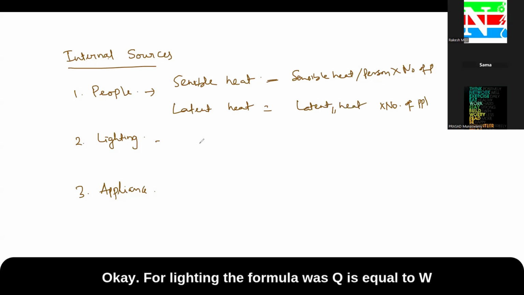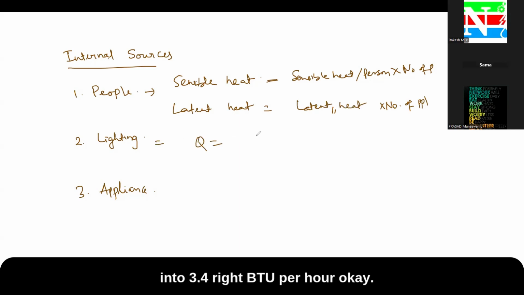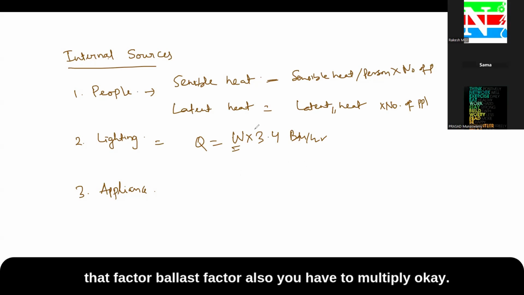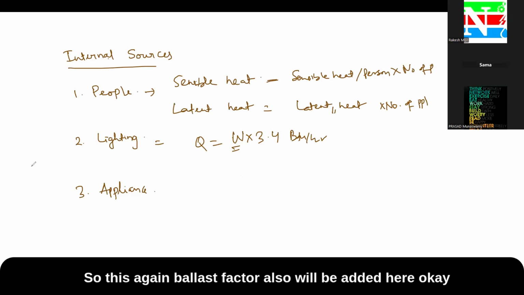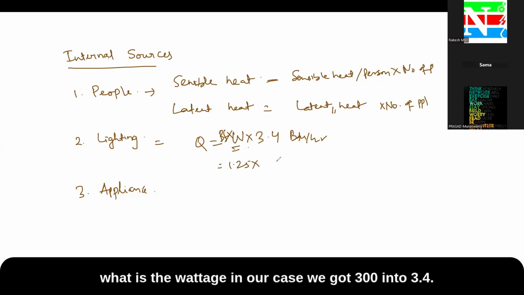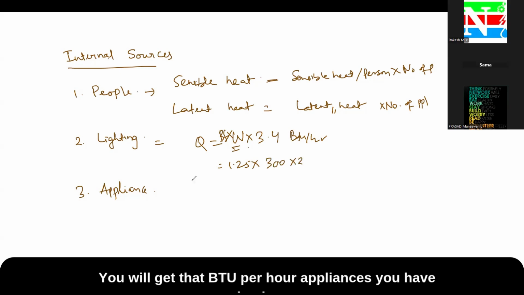For lighting, the formula was Q is equal to W into 3.4, BTU per hour. So find out the watt based on the area, and the ballast factor also you have to multiply. 1.25 into the wattage; in our case, we got 300 into 3.4. You will get that BTU per hour.